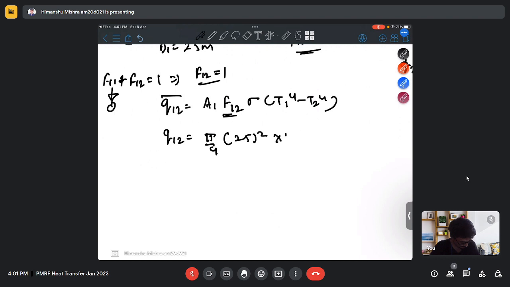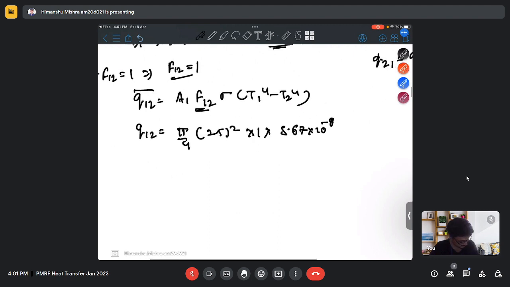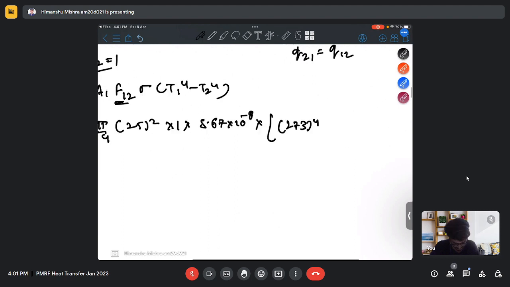Multiply by 5.67 times 10 to the power minus 8, and my temperature in Kelvin is 273.4 minus 288, to the power 4.